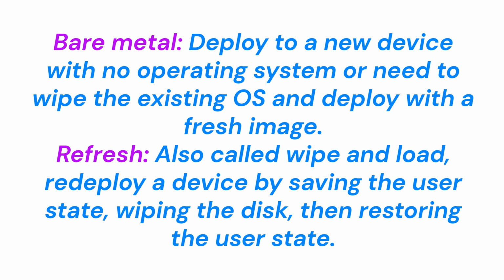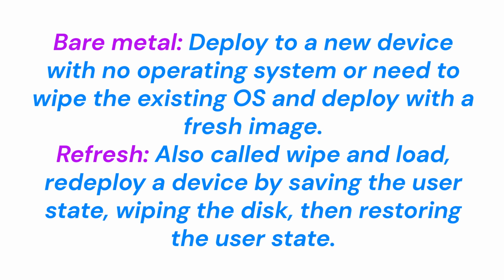Traditional. Sometimes you can't achieve deployment through modern or dynamic methods. An organization's existing infrastructure or configuration requirements may require deploying operating system images. Imaging typically addresses one of the following scenarios. Bare metal: deploy to a new device with no operating system, or wipe the existing OS and deploy with a fresh image.